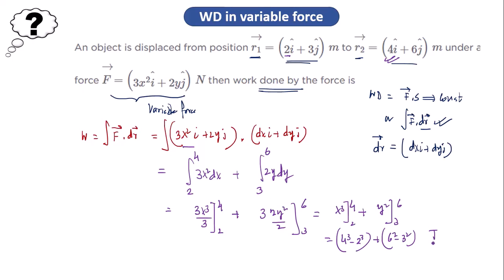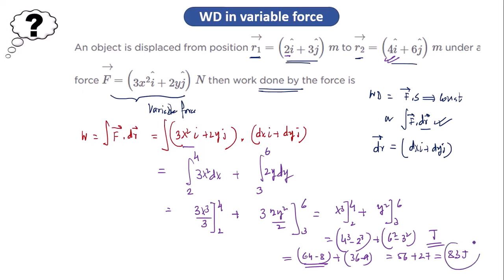That will be the answer in joule. 4 cube is 64, 64 minus 8 is 56. Then 36 minus 9 is 27. So 56 plus 27 is 83 joule. That will be your answer.